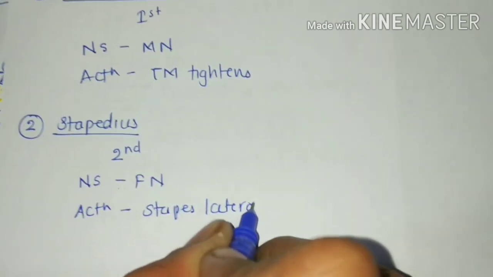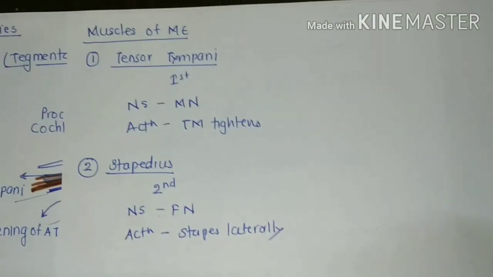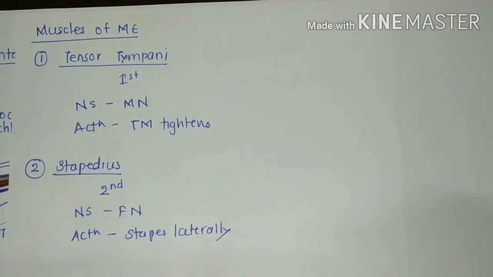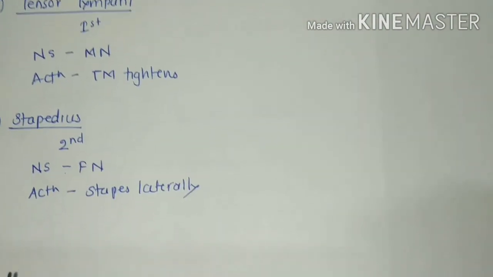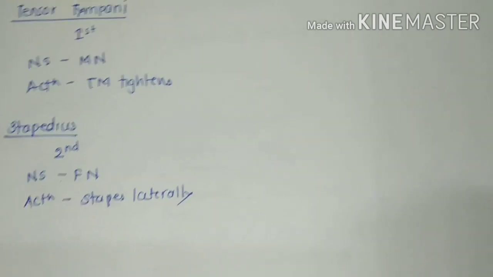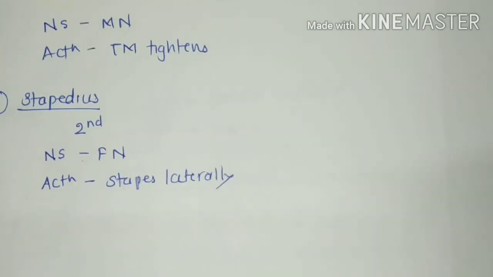Now, what is the importance of both these muscles? Tensor tympani and stapedius contract reflexly and simultaneously and exert a damping effect on sound vibration to protect the internal ear from loud sound.